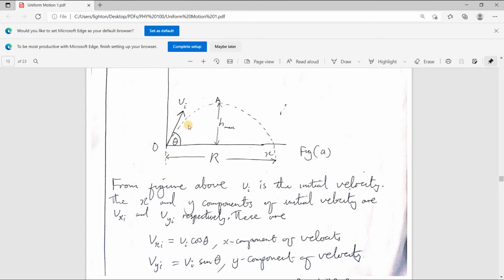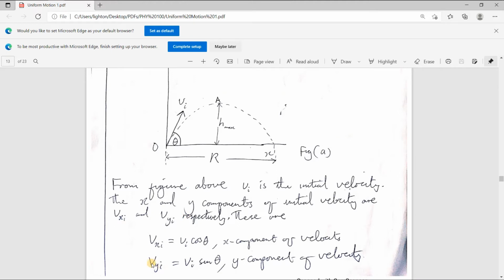This is the component of velocity in the x-axis, which is Vix. You get this by just forming a triangle on this vector. You find that this part will have a component of Vi cos theta, and this part will have Vi sin theta.